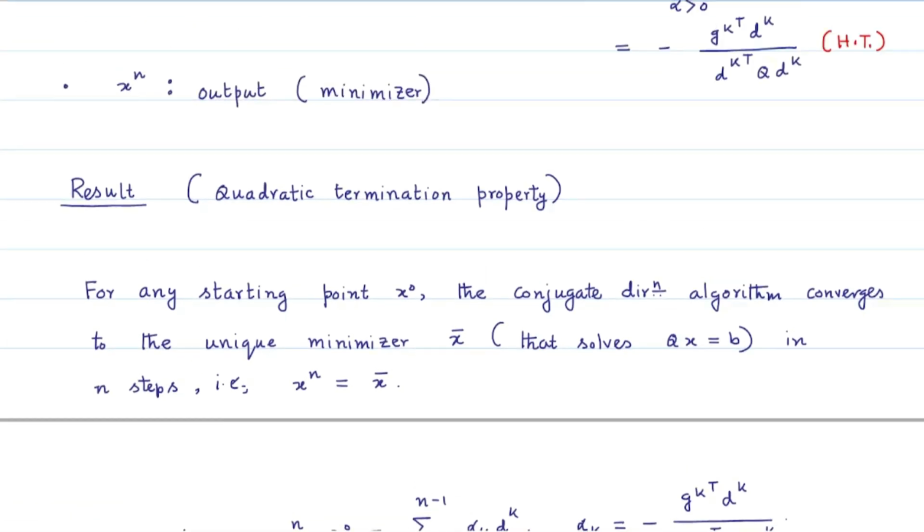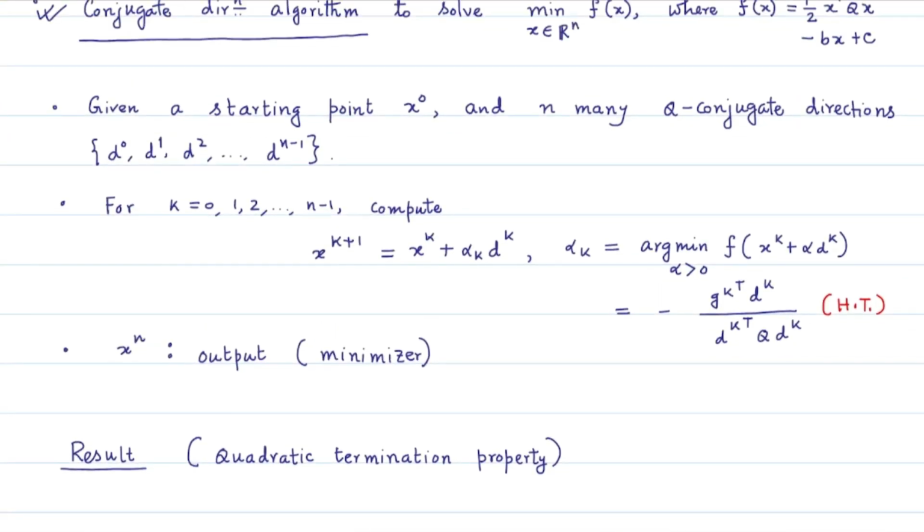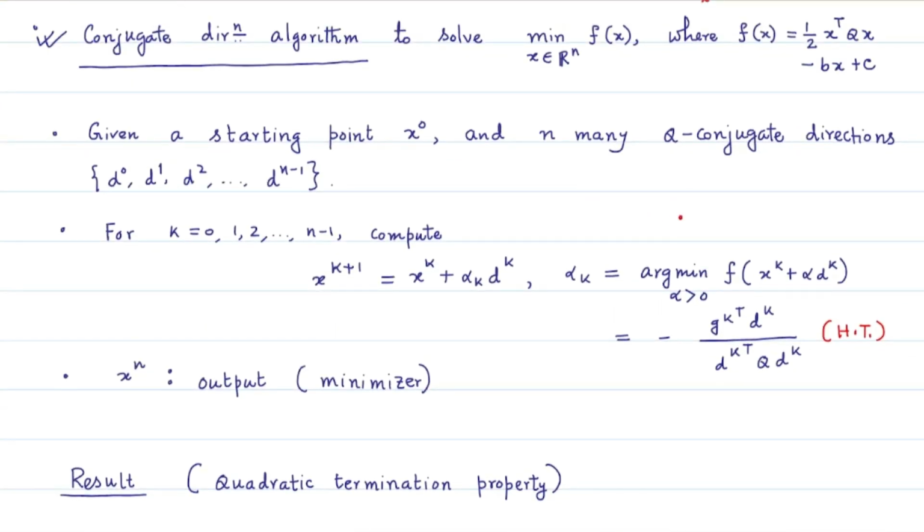We look at the algorithm here: we started for x naught, and then we moved along the direction d naught to find the next iterative point x1, where this x1 is given by x naught plus alpha naught d naught.